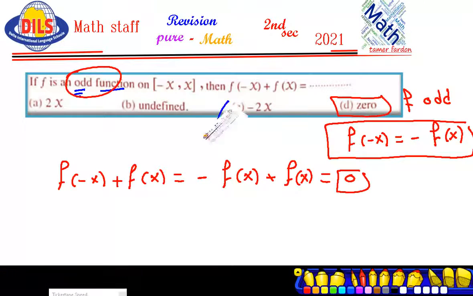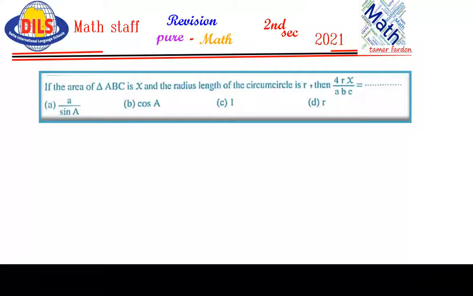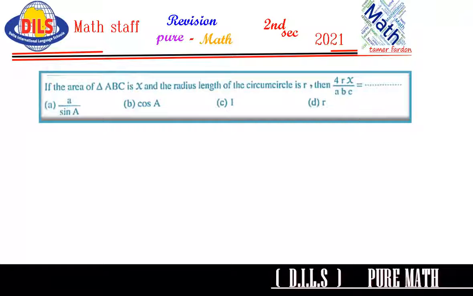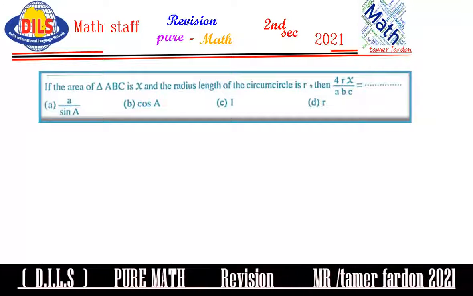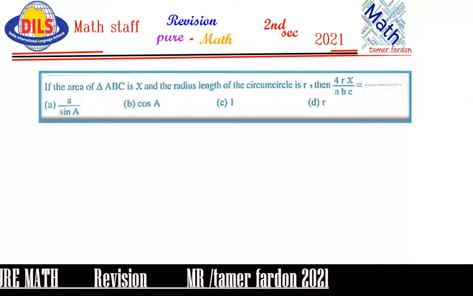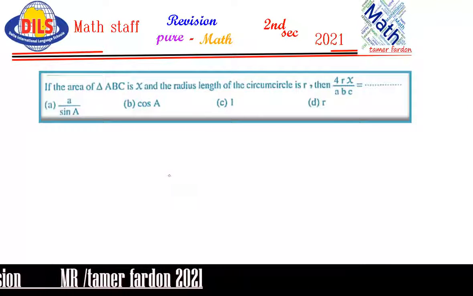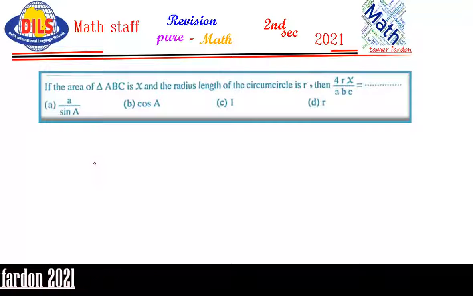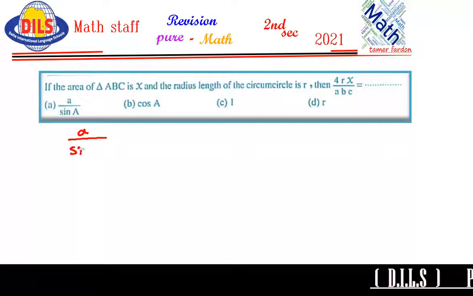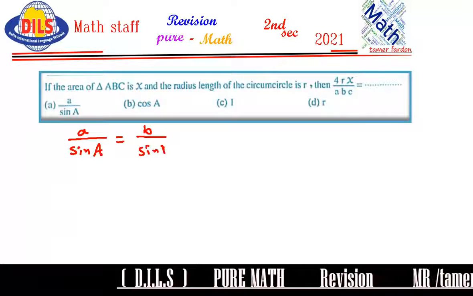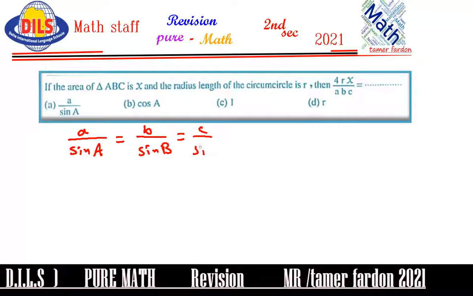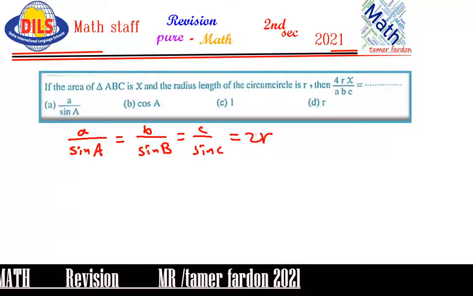The next, if the area of triangle ABC is x and the radius length of the circumcircle is r, then the expression for r x over a times b times c equals what? From the sine rule, we know that a over sine A is equal to b over sine B equals c over sine C equals 2r.